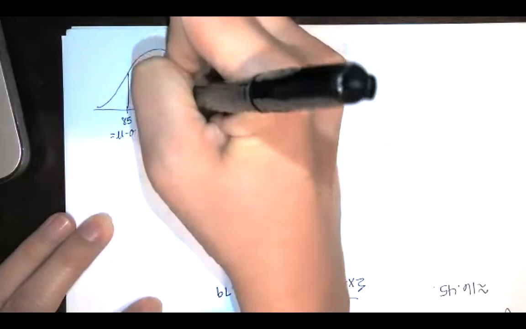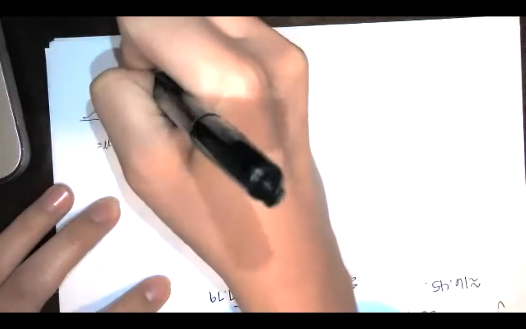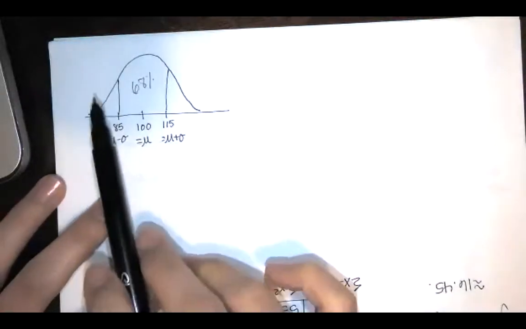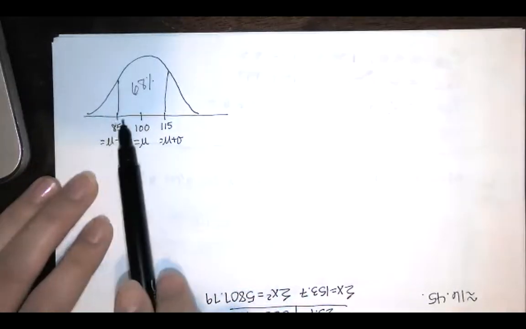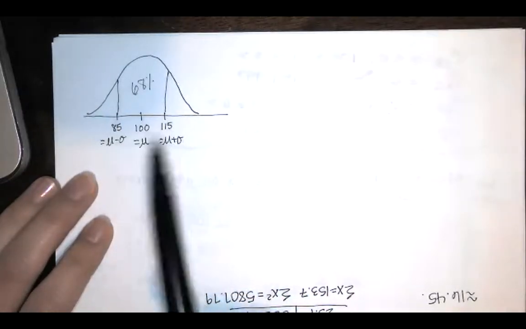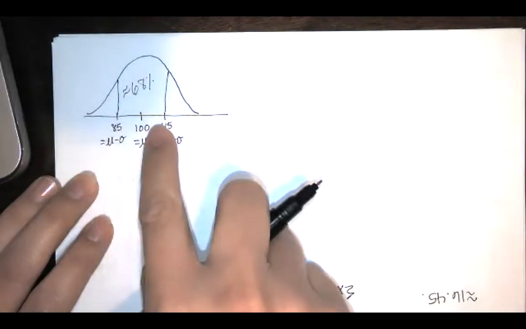So this isn't a perfect graph, it should be more symmetrical. But in here, within 1 standard deviation of the mean, so that's all IQ scores between 85 and 115, turns out approximately 68% of all IQ scores lie within this range.